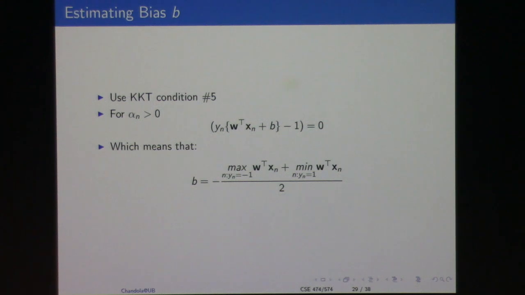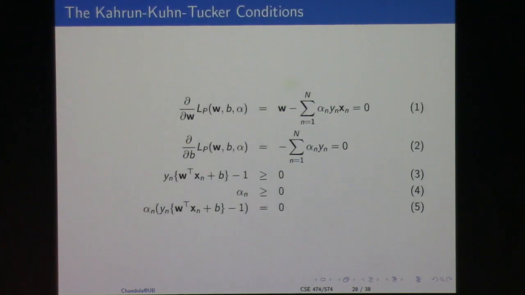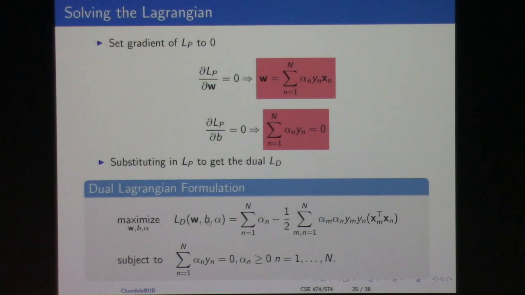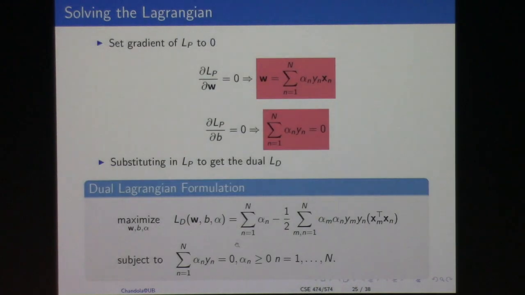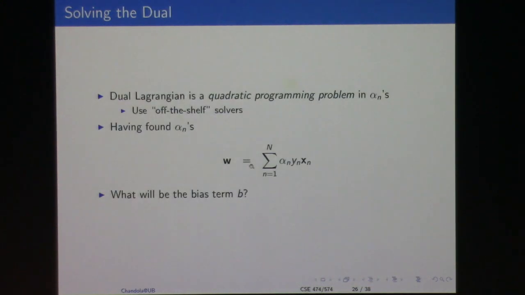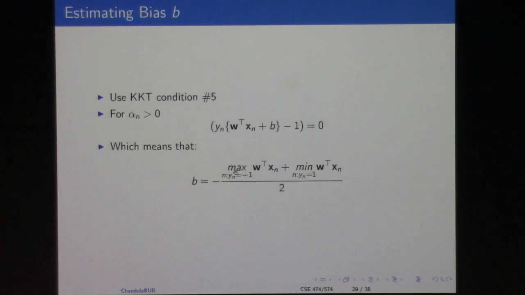So essentially, we have concluded the SVM training. We first solved a quadratic programming problem, which is over here, to get our alphas, then we plugged them back to get W like this, and then plugged them back to get B like this.